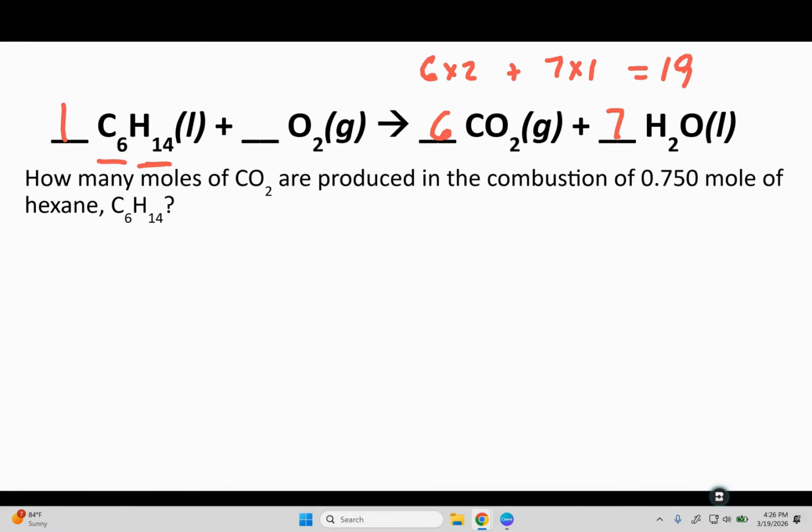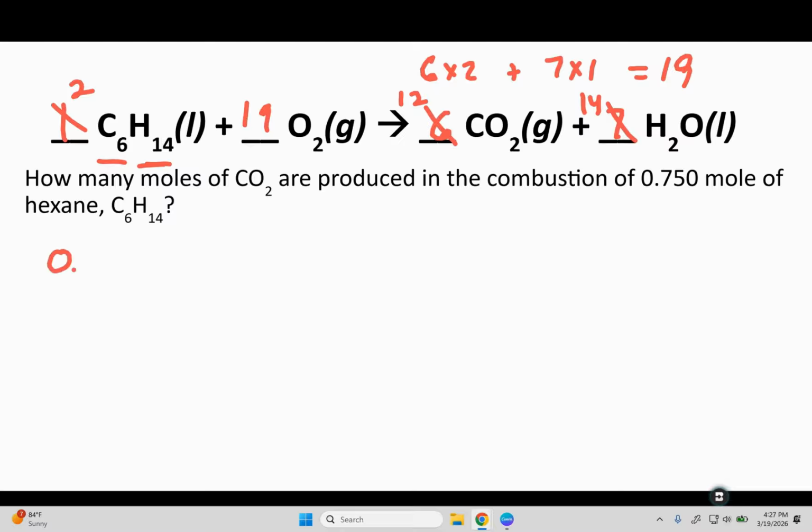That is 19 O's. So right now I'll put a 19 in front of my O2 and multiply everything else by 2. 2, 12, 14. So again, I start off with my known.